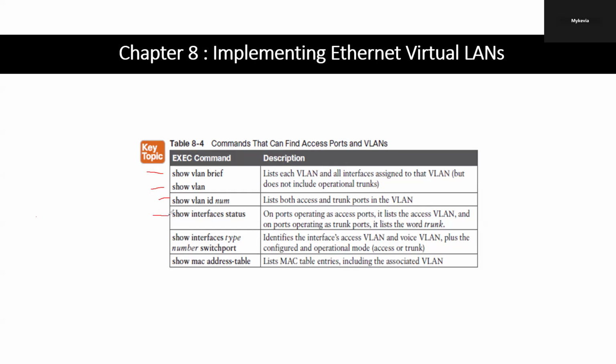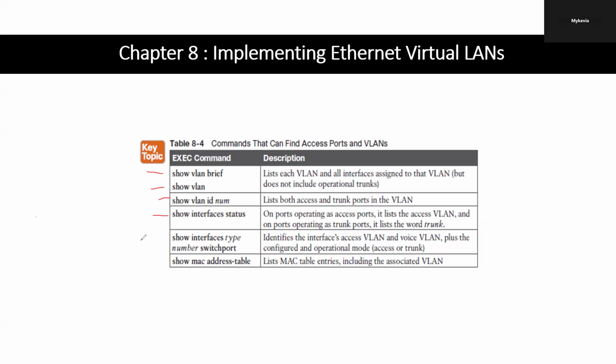Show interfaces status, as you saw before, and we can review that. On ports operating as access ports, it lists the access VLAN, and on ports operating as trunk ports, it lists the word trunk. I'm sure you remember that section where we did show interfaces status or show interface, gigabit or whatever the interface name is, and then the status.